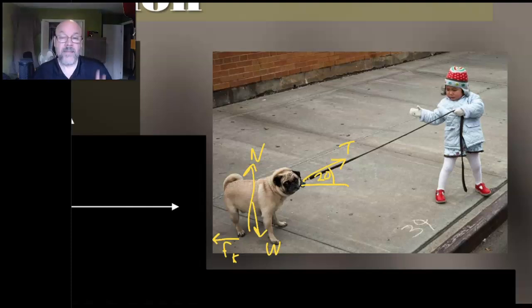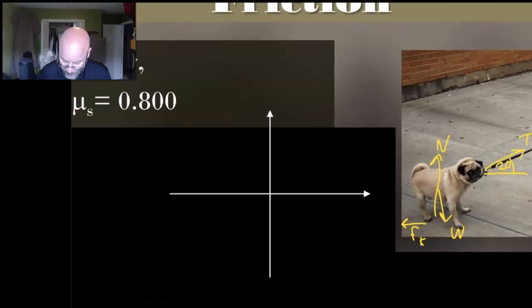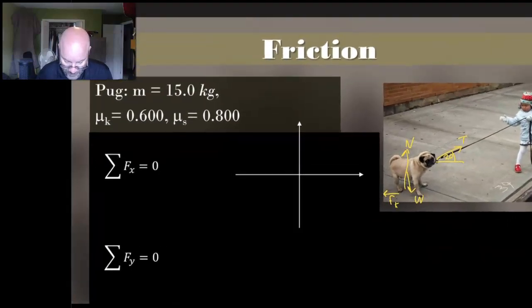So now that was step one. We identified our forces. And so now let's put them onto our free body diagram. We've got our tension here and our weight, our normal force, and our friction, like so. We know that angle's 20 degrees.